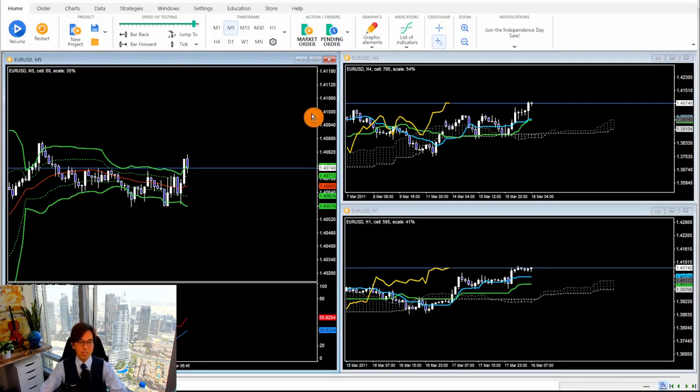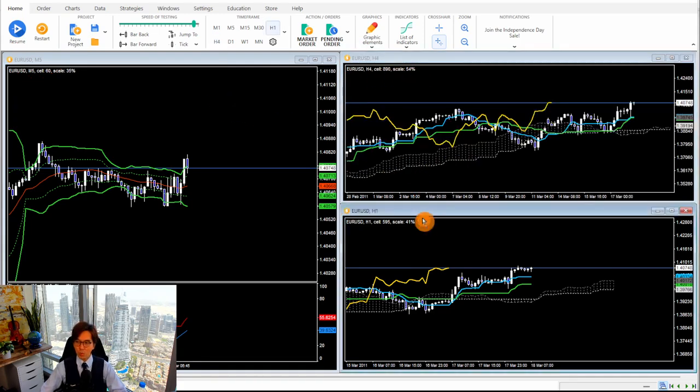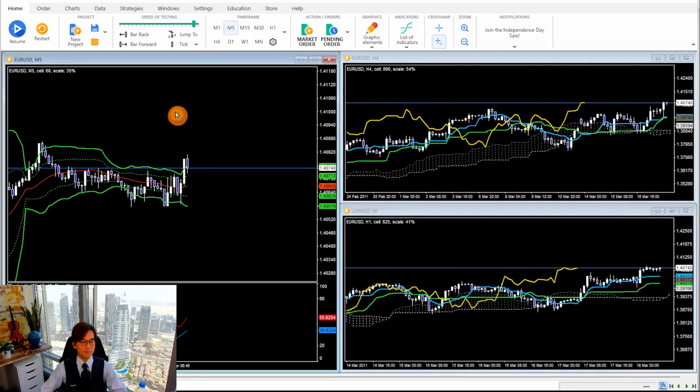Okay, so this is the Forex tester. This is not the live market. This is the market back in 2011 on the Euro USD. On the upper right, I put the 4 hour, on the lower right, I put the 1 hour time frame, and on the left, I put the 5-minute chart. In the tester, I usually take the 4 hour and 1 hour time frames and look for the entry timing in the 5.